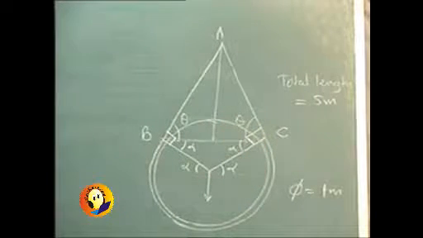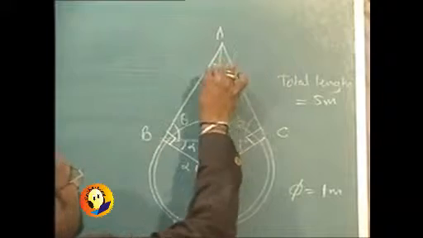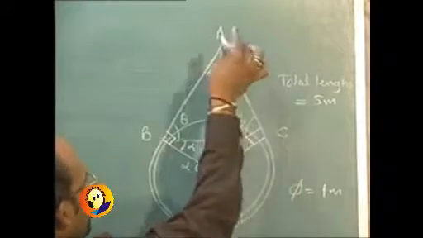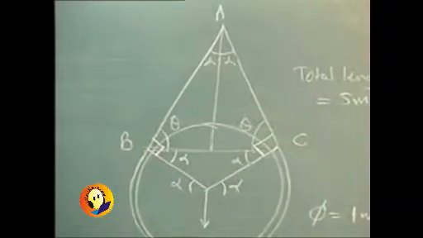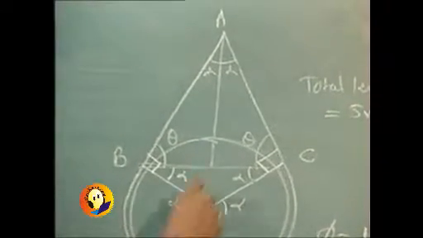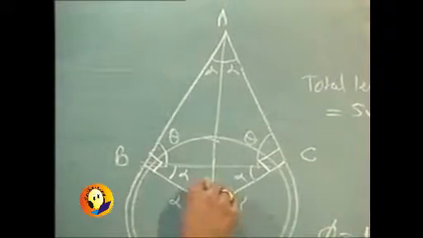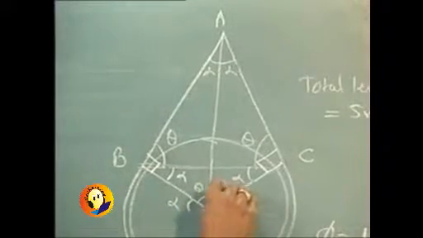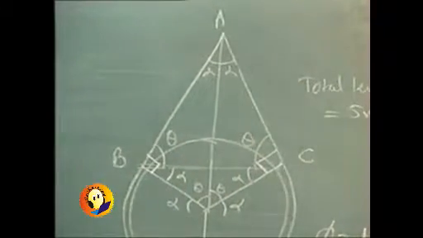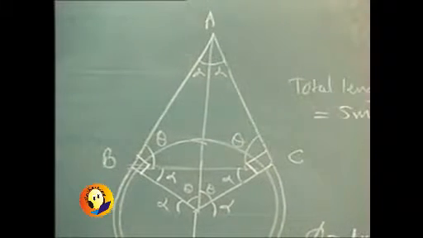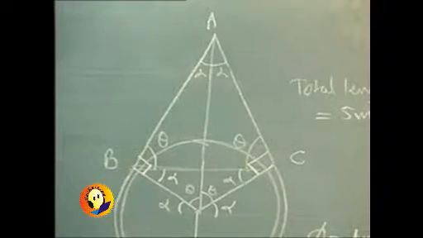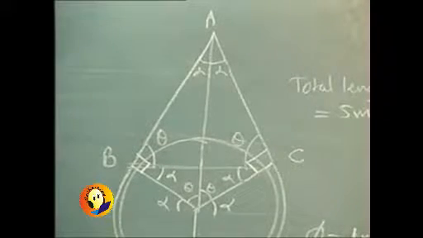If alpha plus theta is 90 degrees, even this angle will be alpha. So many things will come into picture. And then even this angle will turn out to be theta. Now a lot of hint is given to you. You require some way by which the problem can be solved.